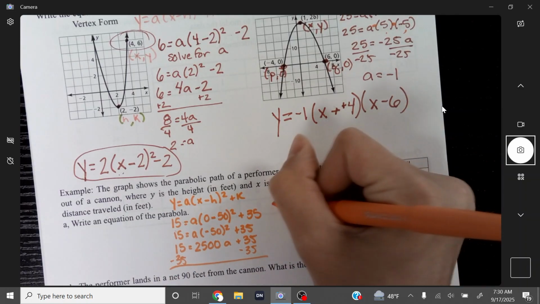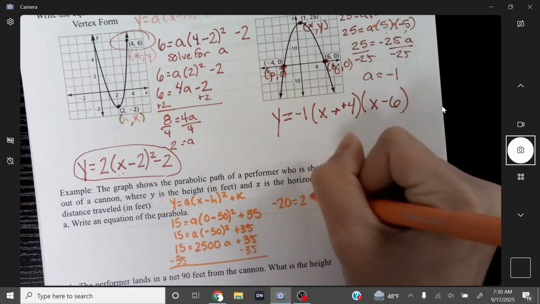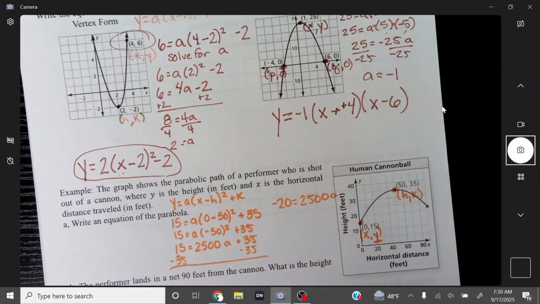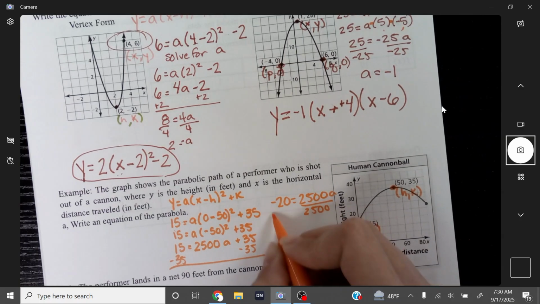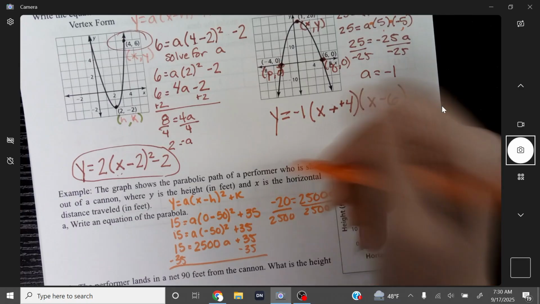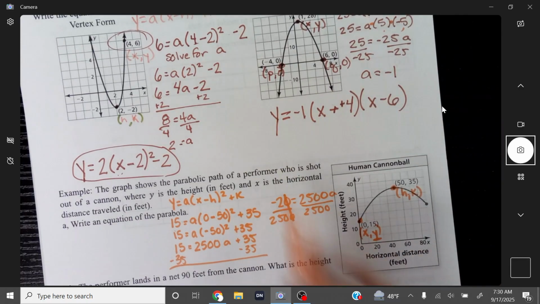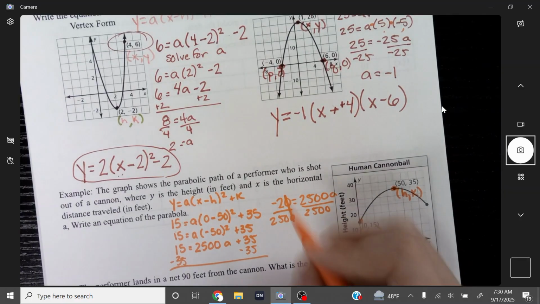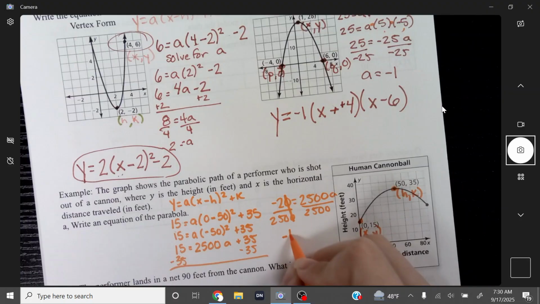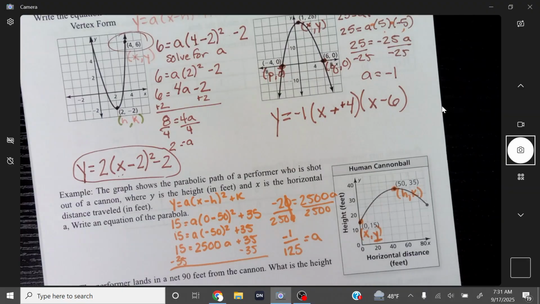So we will have negative 20 equals 2500a. Divide each side by 2500. Those zeros will cancel out, and these are both even, so you can divide 2 out of each of them. So reducing this fraction, we would have negative 1 over 125 equals a.